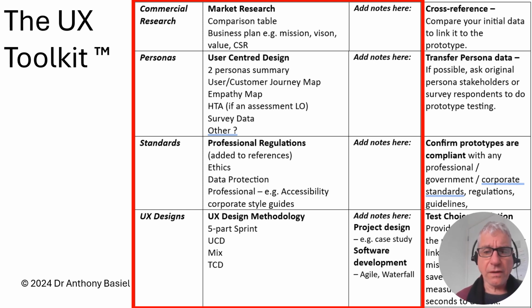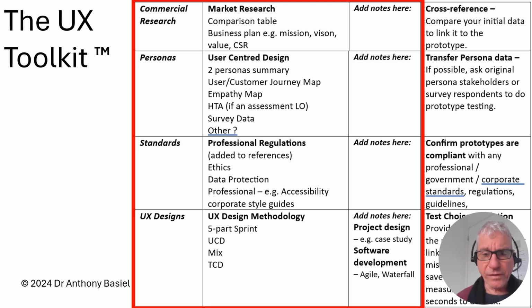Now, the standards should be investigated for that particular company. It might be that you've got corporate guidelines, for example, the colors that are used for the company. So there could be a style guide that you need to be aware of. You don't want to make a recommendation to change the color of the logo if that doesn't meet the corporate restrictions.